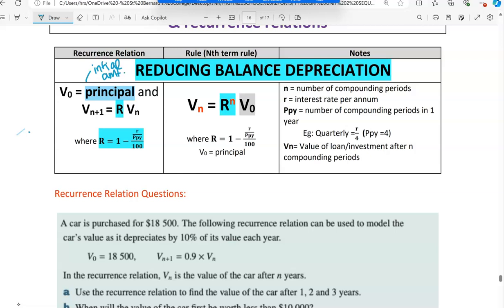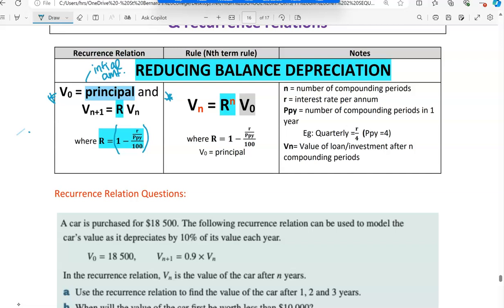Now, you still have this common ratio R, but here's the formula to find it, and it's now going to be 1 minus. So when it was growth, it was 1 plus, but now when it's decay, it's 1 minus. So there's the recurrence relation scenario, and then we also have the nth term rule here.